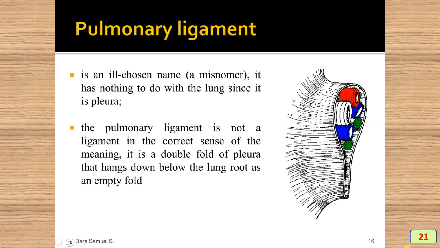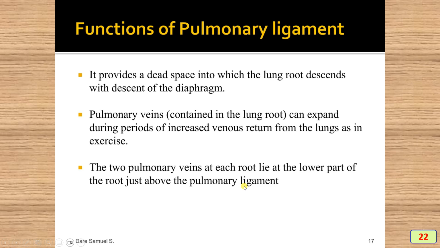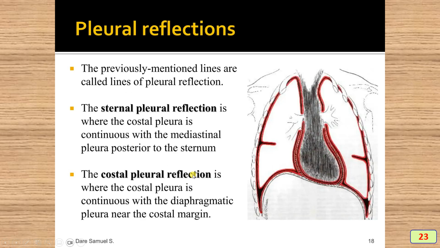The pulmonary ligament is not a ligament in the correct sense of the meaning. It is a double fold of pleura hanging below the lung root as an empty fold, and it provides a dead space into which the lung descends with descent of the diaphragm, and the pulmonary vein can expand during periods of increased venous return from exercise.